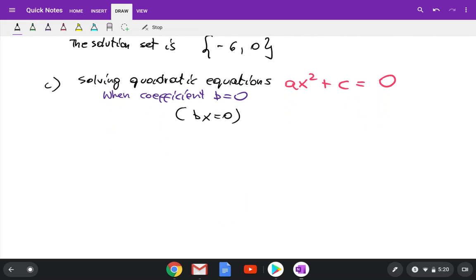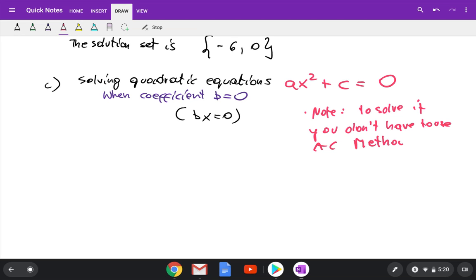So when you have an equation like this, note, to solve it, you don't have to use AC method, just isolate x squared first, and then take the square root of both sides.